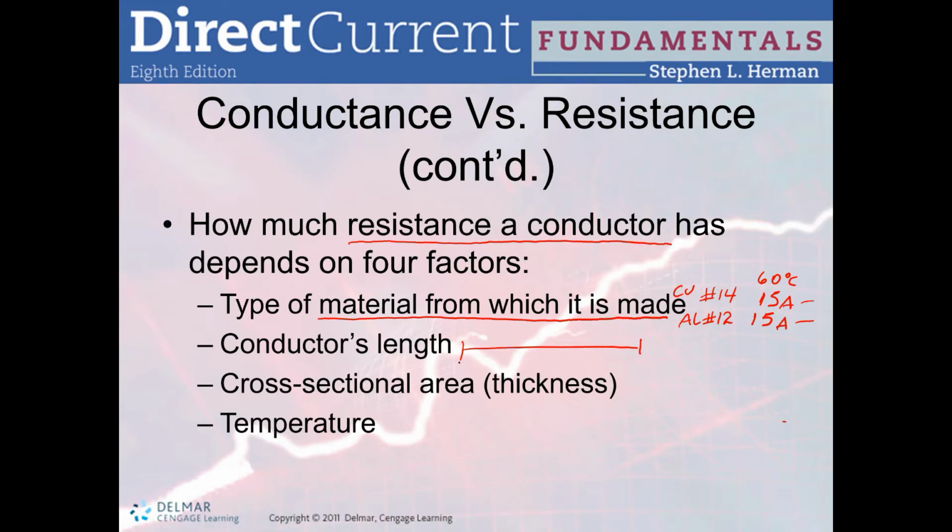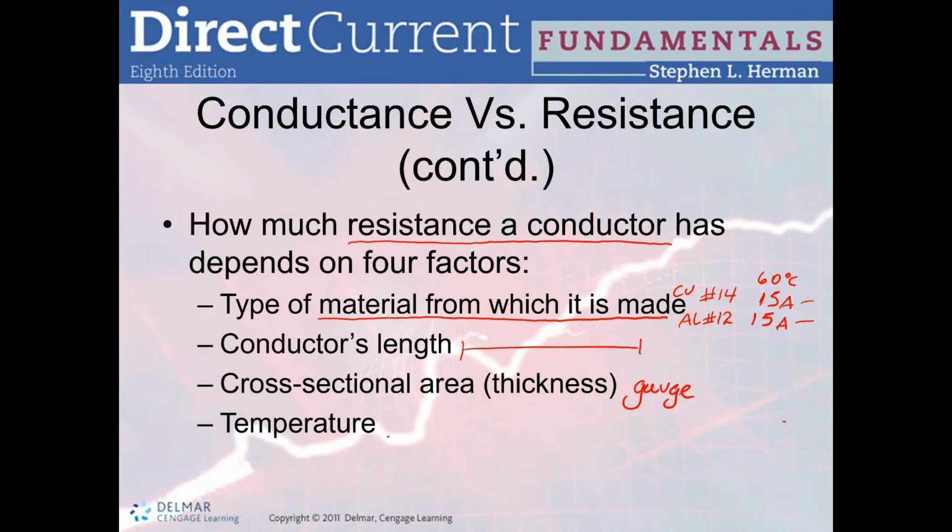But that's something for code. On the other hand, also the sectional area, which is, in other words, the gauge of the conductor, is going to determine also the ampacity of the conductor.